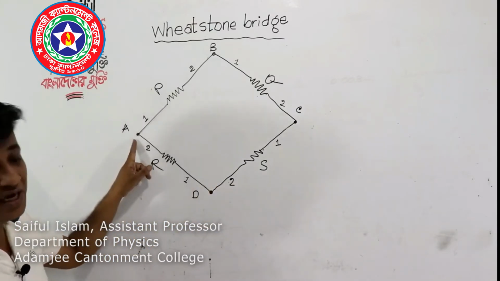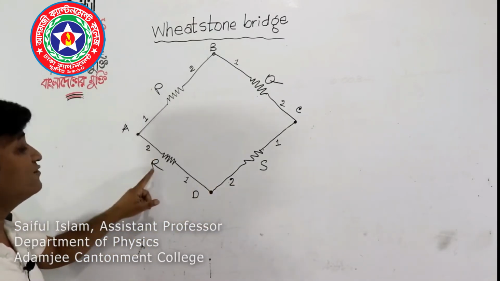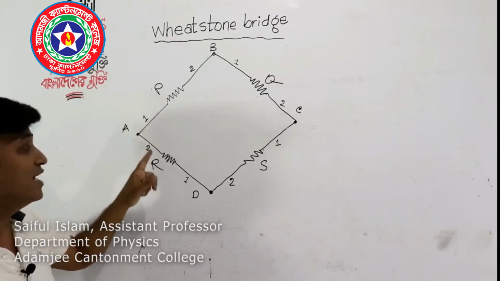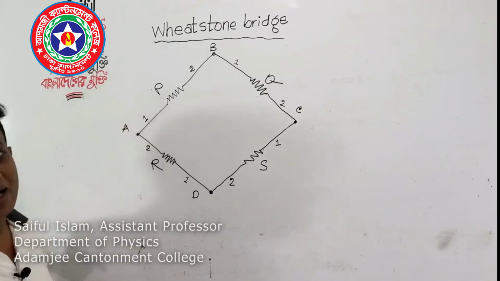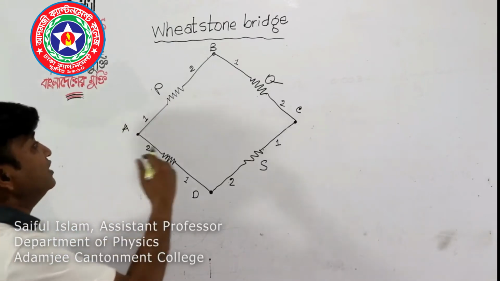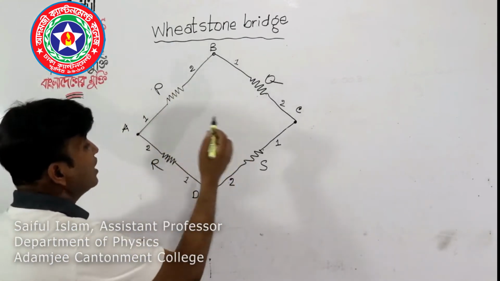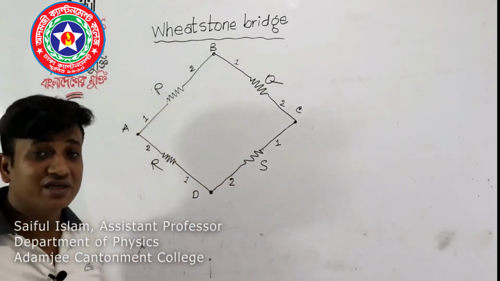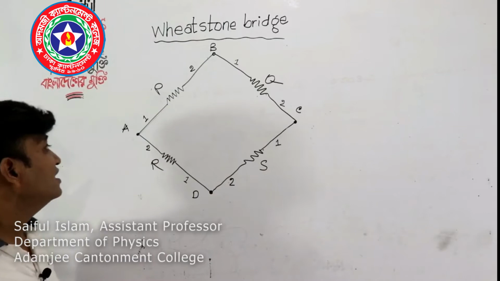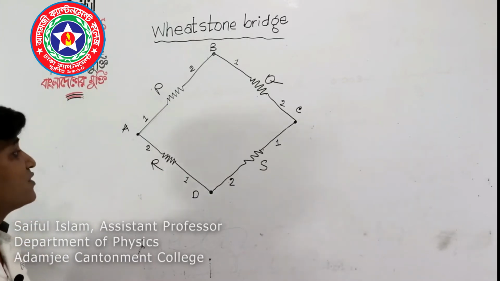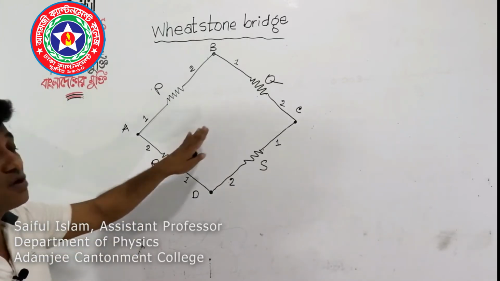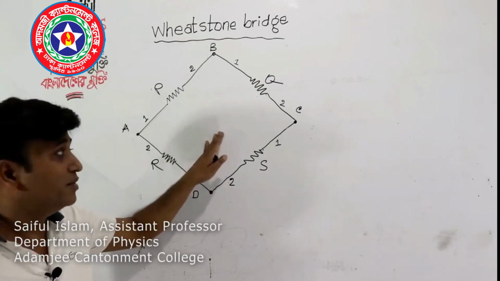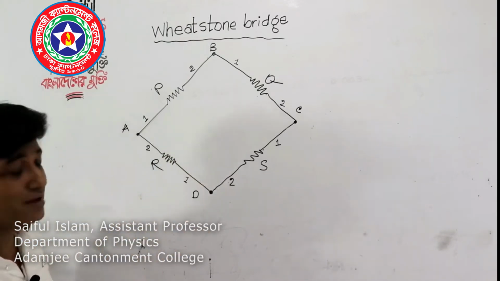Again, at point A, the second leg of R is connected with the first leg of P. That's why R and P are in series. So we can say P, Q, S, R, all 4 resistors are connected in series. It is also called a diamond-shaped closed circuit because it looks like a diamond.